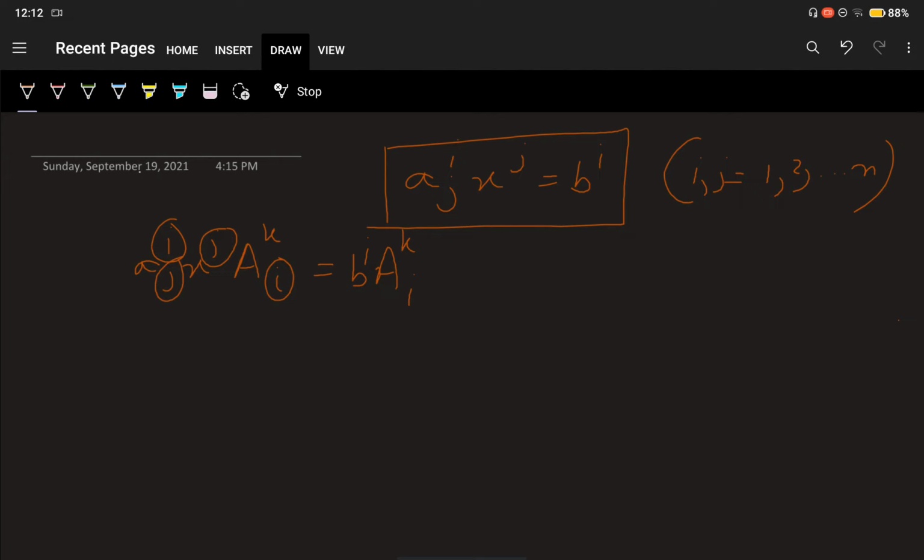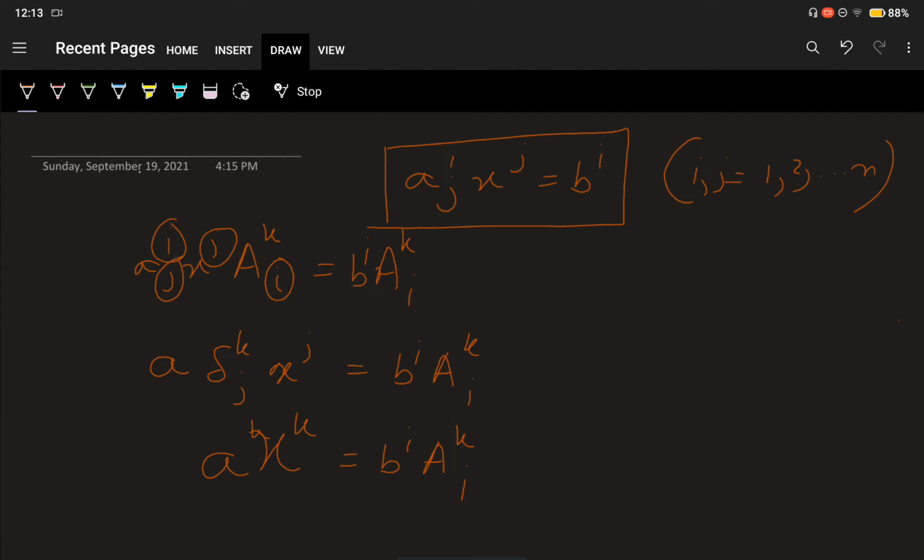So delta kj xj equals bi Aki, and xk equals bi Aki. Here we assume aij xj equals bi, with n unknowns used in summation convention, and the nth term exists.